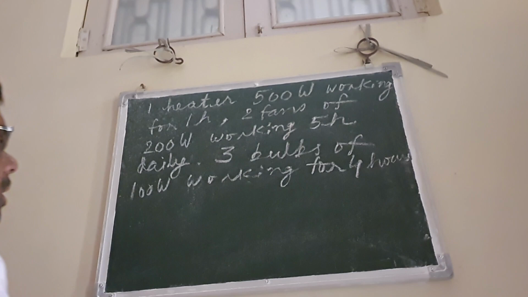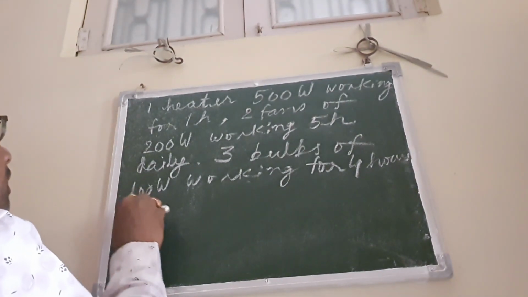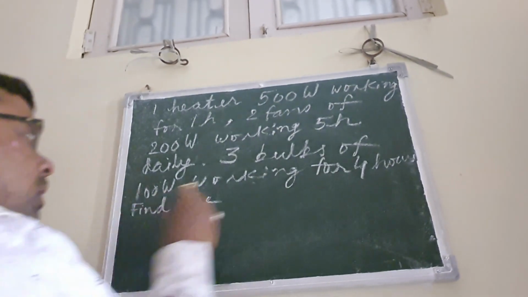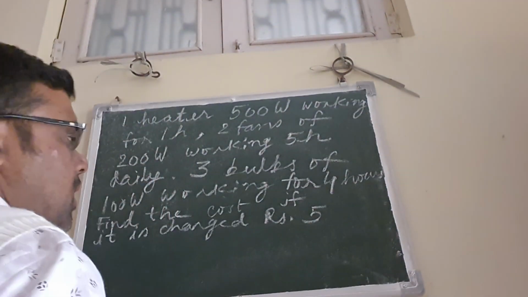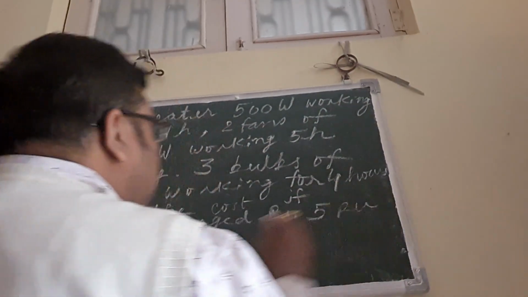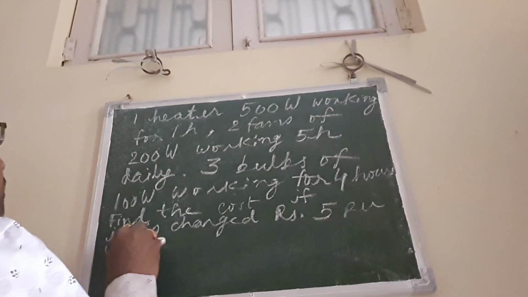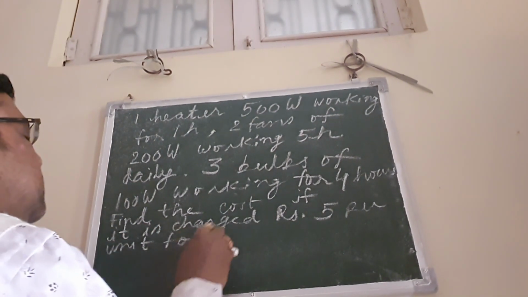So find the cost if it is charged rupees 5 per unit, for 30 days.